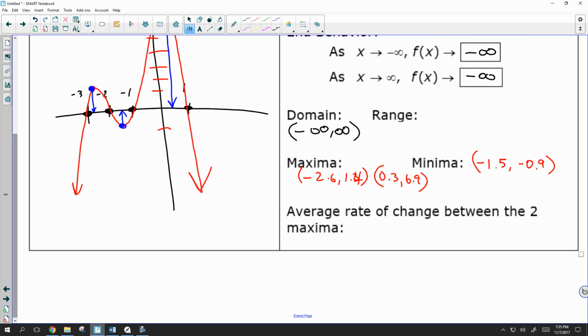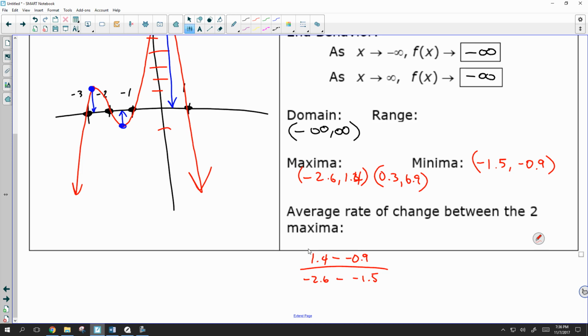So from the maximum to the minimum, it would be 1.4 minus the minimum, which was negative 0.9. We're doing y2 minus y1 over x2 minus x1. So x2 is going to be negative 2.6 minus x1, negative 1.5.